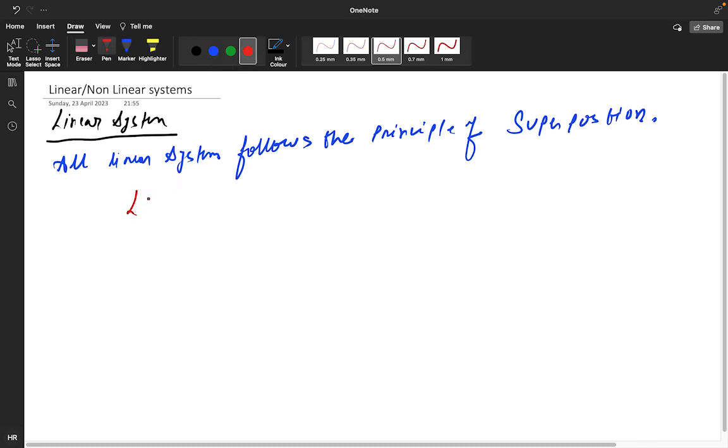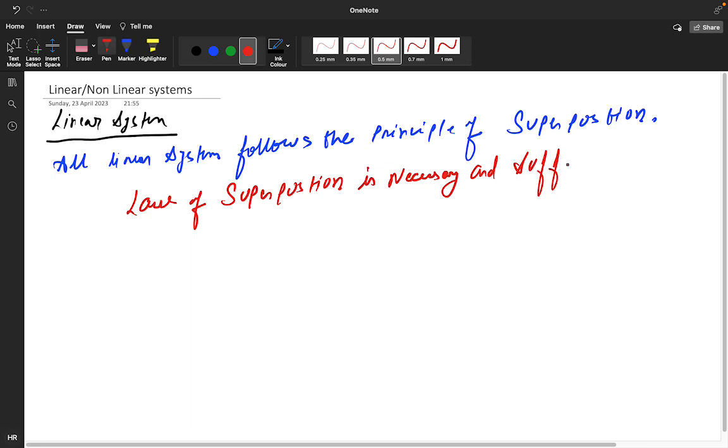Write it down. Law of superposition is necessary and sufficient to prove linearity of the system.